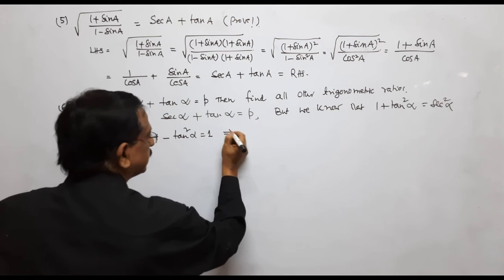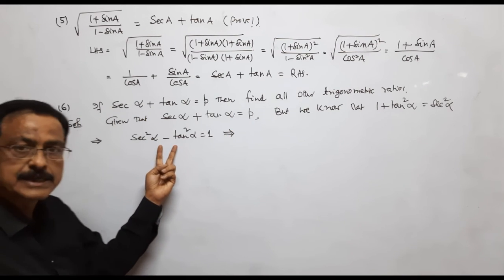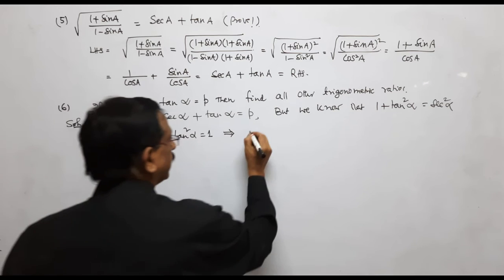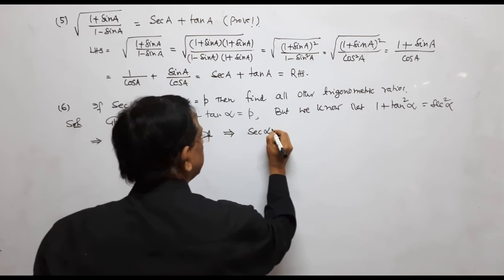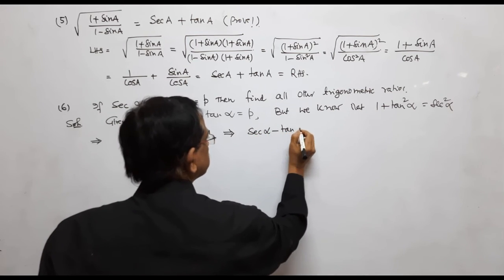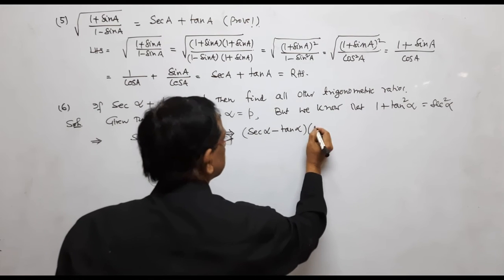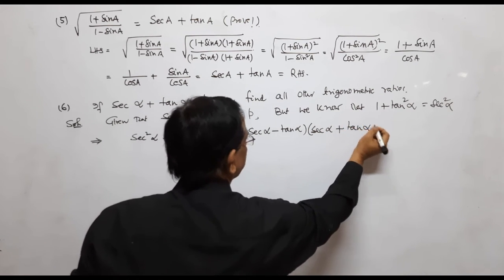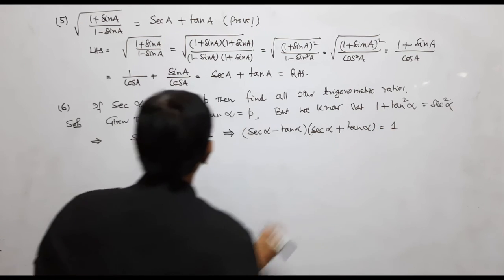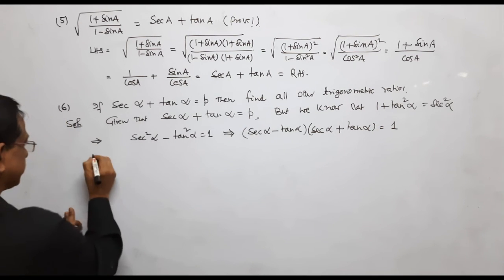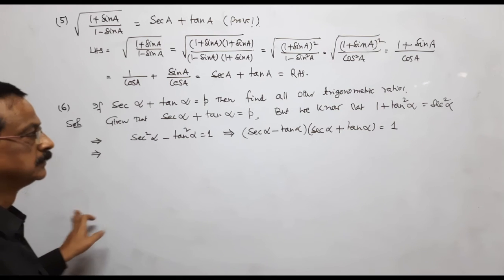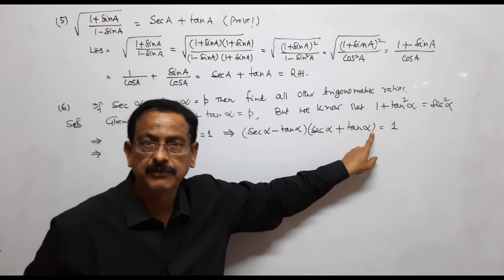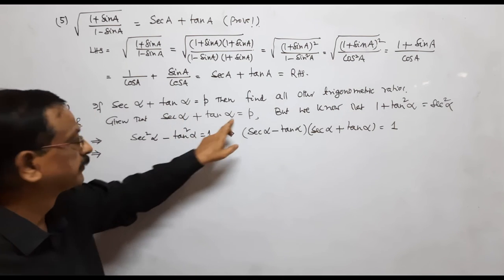This is a square minus b square, so I can write this as (a minus b) into (a plus b). Secant alpha minus tan alpha into secant alpha plus tan alpha, which is 1. So this implies, I know that secant alpha plus tan alpha is P, that is given.